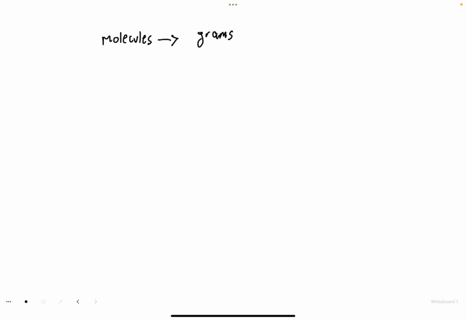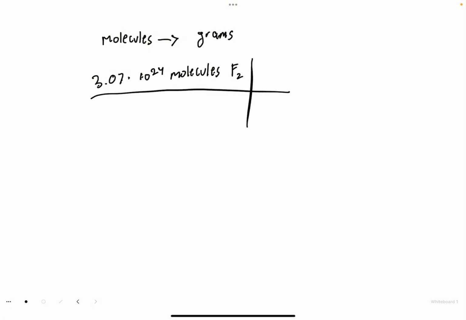So if you had, say, 3.07 times 10 to the 24 molecules of, let's say, fluorine, it would have to be 6.02 times 10 to the 23rd molecules, and I would automatically go for this 1 mole of fluorine.